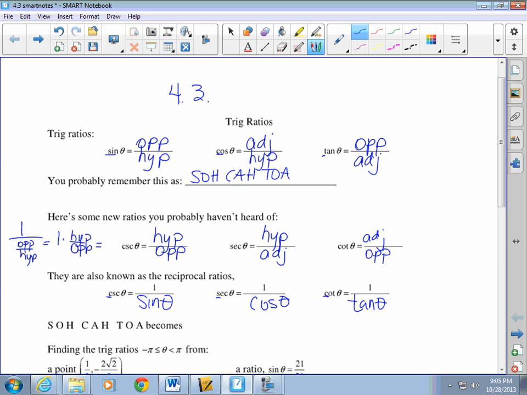So between the pairs of regular trig functions and reciprocal trig functions, there can only be one co. I'll just write that up here. Because a lot of time people want to put cosecant and cosine together because they're both cos, but you can't have two cos in a relationship.